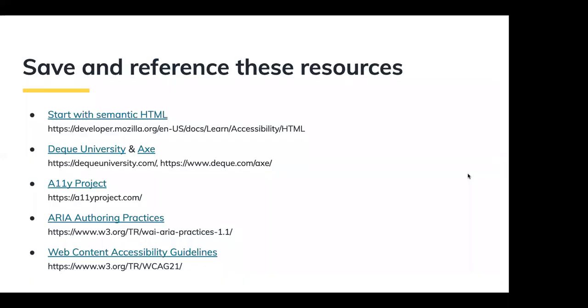Right off the beginning, I wanted to list my top resources that I will access frequently in my accessibility work. MiALA has this developer network, and it's my go-to resource for most things. And Deque University has a ton of resources on accessibility.